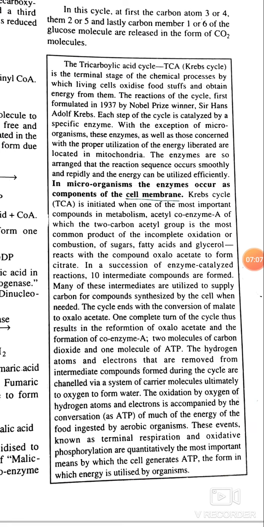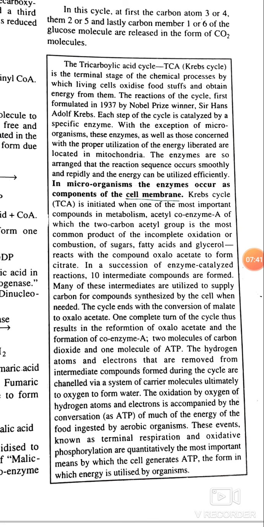With the exception of microorganisms, these enzymes, as well as those concerned with proper utilization of the energy liberated, are located in mitochondria. The enzymes are so arranged that the reaction sequences occur smoothly and rapidly, and the energy can be utilized efficiently.